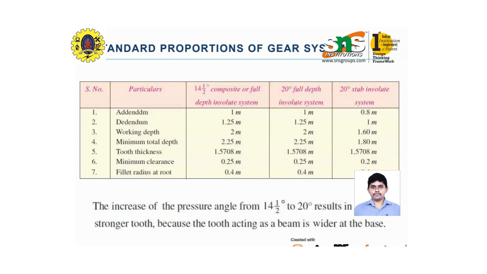The tooth thickness starts with 1.5708 module and remains constant for the other degrees. The minimum clearance is about 0.25, and the fillet radius is maintained at about 0.4 module. We will continue the remaining on the next session. Thanks so much.